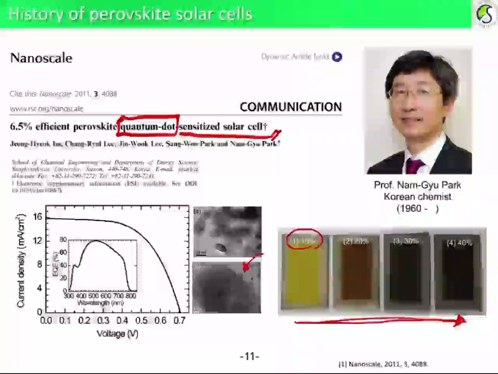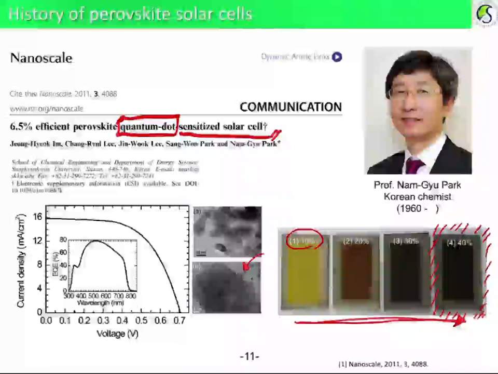And based on the high concentration perovskite solution, he was able to enhance the light harvesting efficiency of the perovskite sensitized titanium dioxide, which enhanced the external quantum efficiency of the device up to 80%.